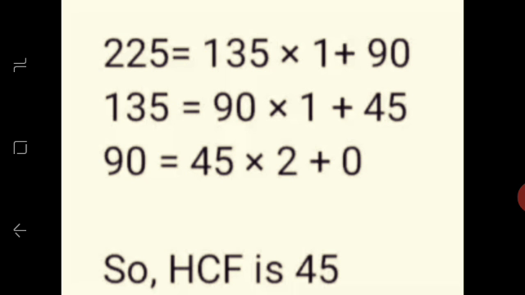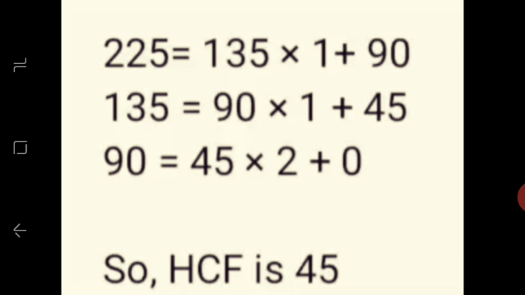Both the ways, obviously, you have to write. Now you can again see that it is written 225 equals 135 into 1 plus 90. The second step in the division gave you 135 equals 90 into 1 plus 45.